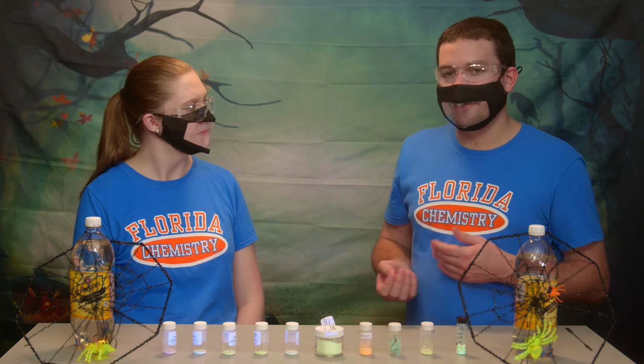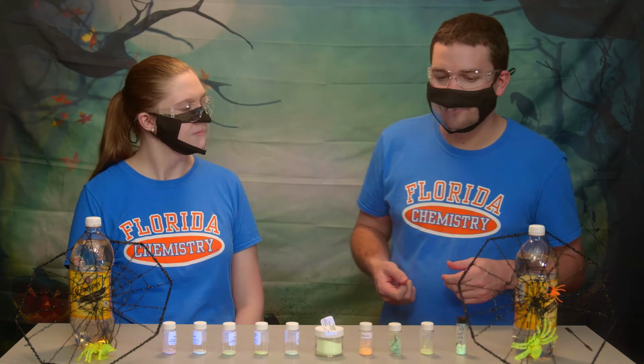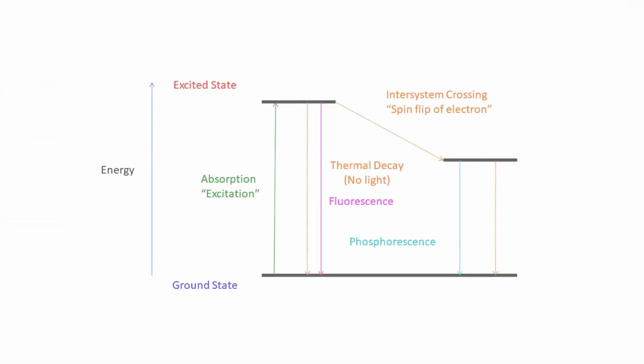Now, let's talk a little bit about how light is formed. We've talked a lot about color and the properties. Well, light comes from molecules, and all molecules are made up of atoms, and atoms contain electrons. Electrons give rise to a lot of unique properties of molecules and atoms, and one of them is light. Under normal circumstances, an atom is going to exist in the ground state.